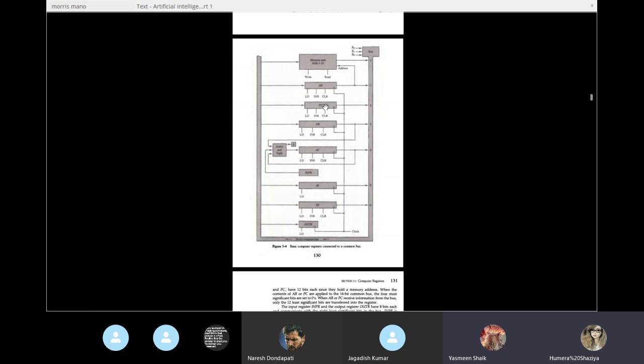So when PC tells that I want to transfer some data to AR, then that timing signal will send out 1 to AR. This load will become active, and when PC sends out the data, it travels, and when it reaches AR, because its load is active, it is given to the AR.